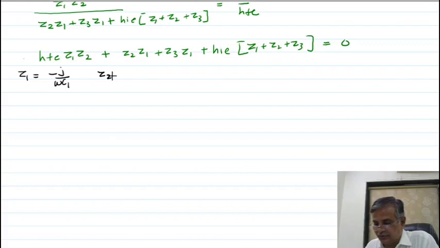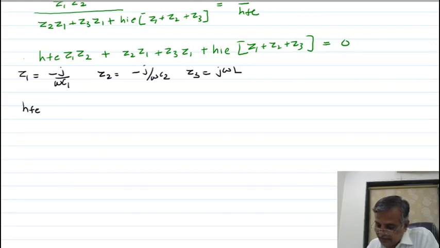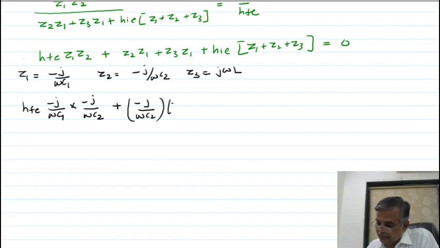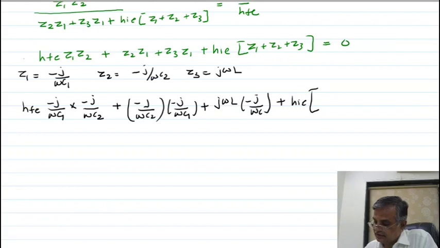We have to put Z2 as minus j by omega C2, and Z3 is nothing but j omega L. So let us put the value here: hfe into minus j by omega C1 into minus j by omega C2, plus hie into minus j by omega C1 minus j by omega C2 plus j omega L should be 0.